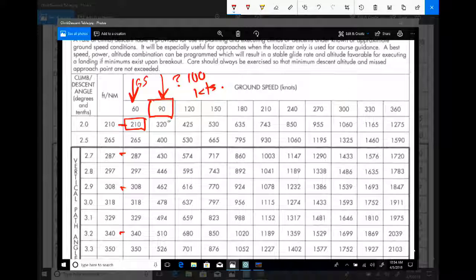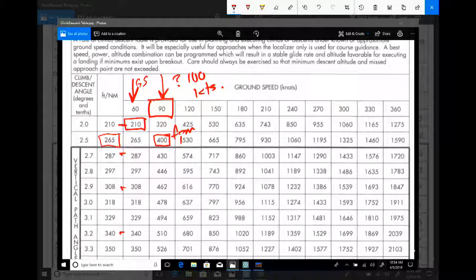And so when you look at what it would be at 90, you'd have to say, okay, if we need a climb gradient of 265, and I have a ground speed of 90, then that's going to equal 400 feet per minute. And that's what this box is right here, feet per minute.